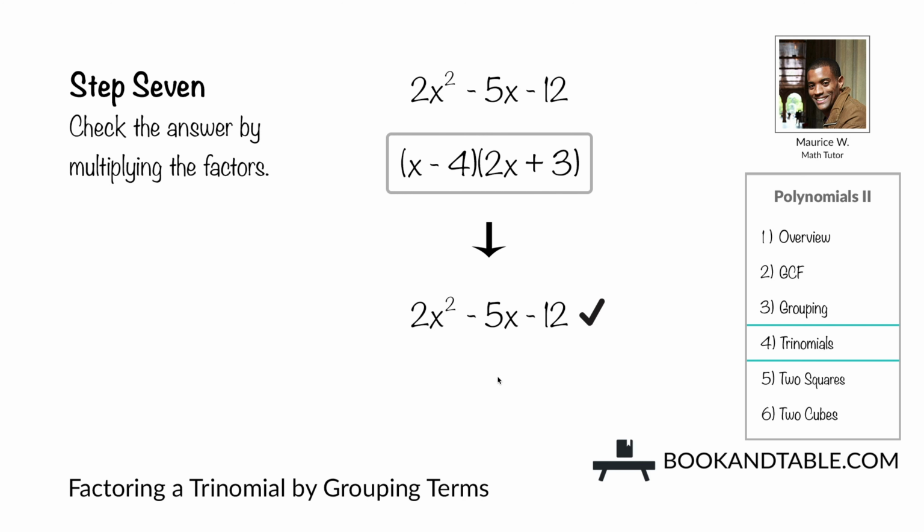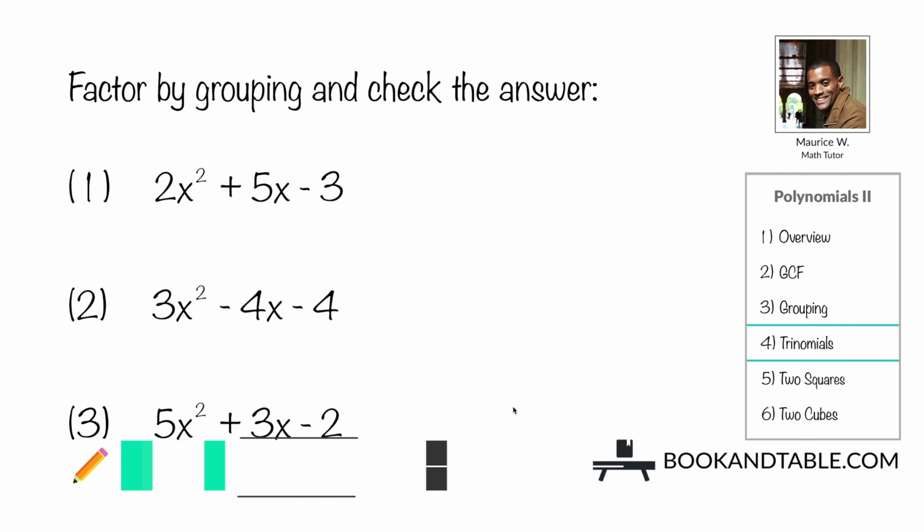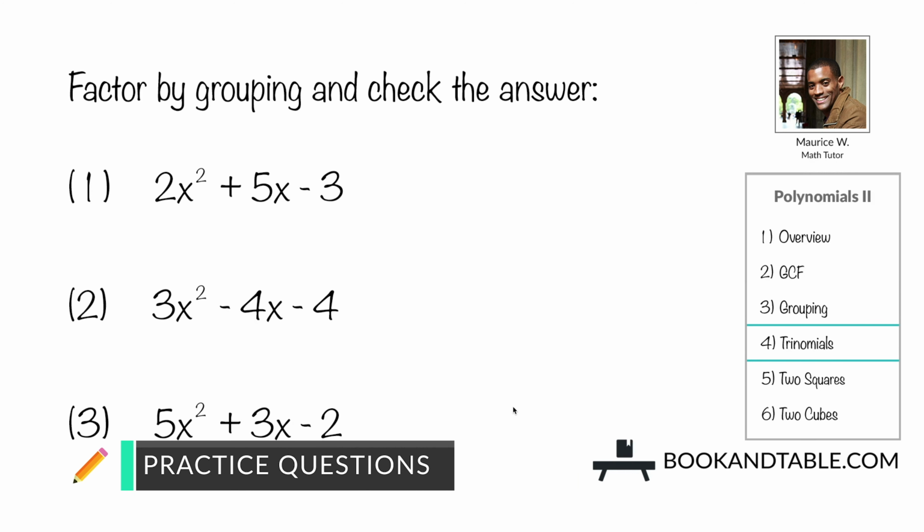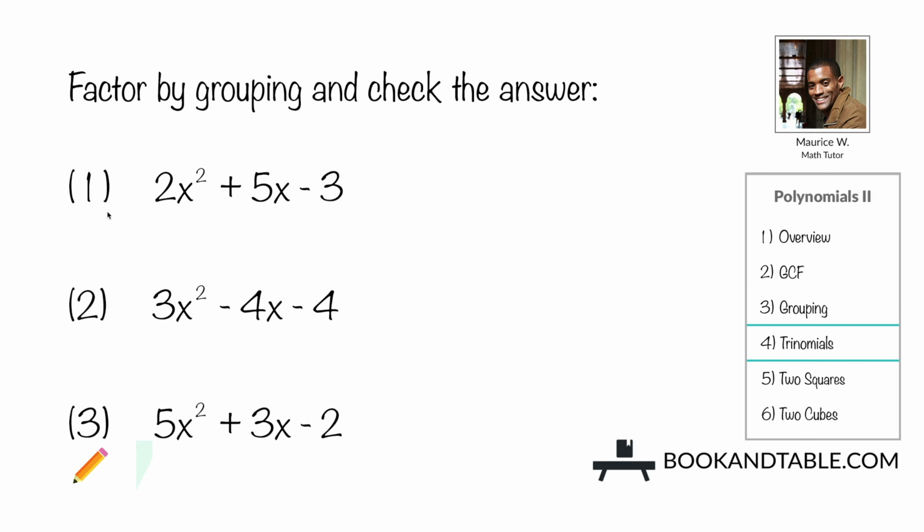So that is how we go about factoring a trinomial by grouping terms. Let's now have you try a few practice questions. Question number 1, factor by grouping 2x squared plus 5x minus 3, and then check the answer.